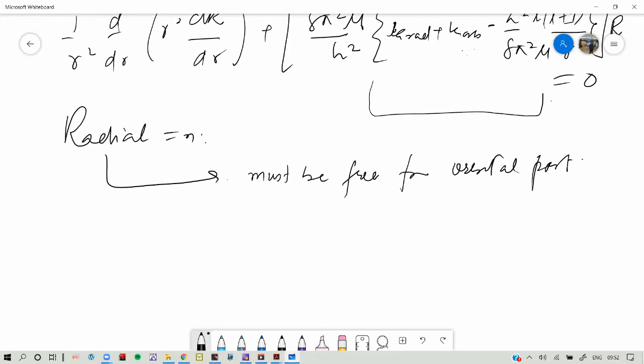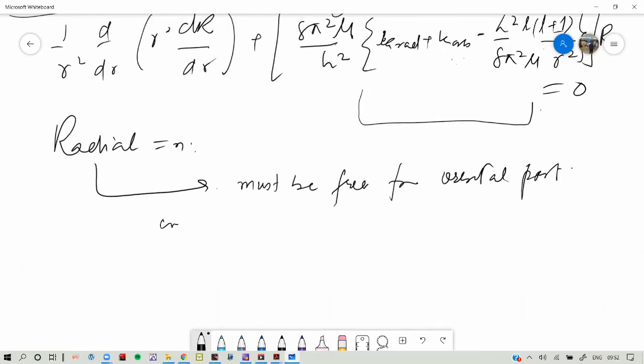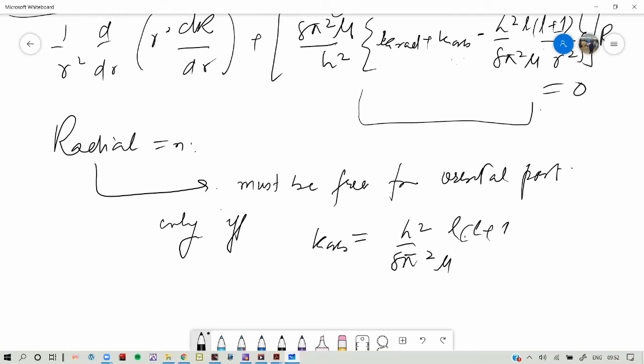So this is possible only if the last two terms cancel, that is, K orbital will be equal to h square by ... r square, if this condition is satisfied.